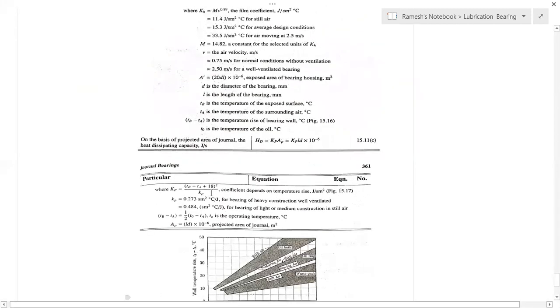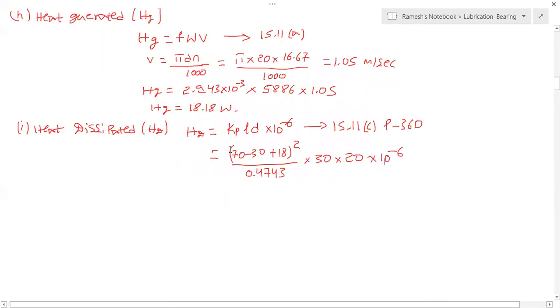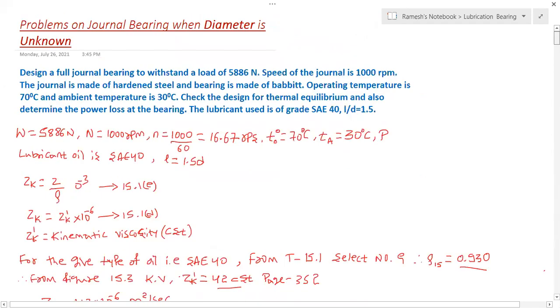After substituting all these values, I will get heat dissipated equal to 1.83 watt. In the problem, what he has asked is to check the design for thermal equilibrium.